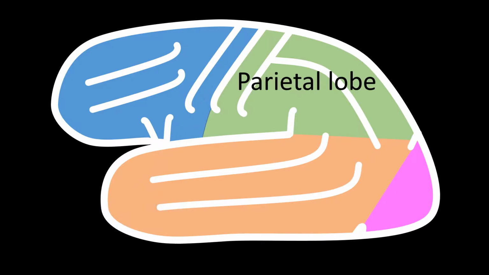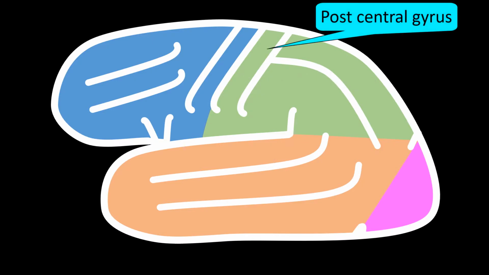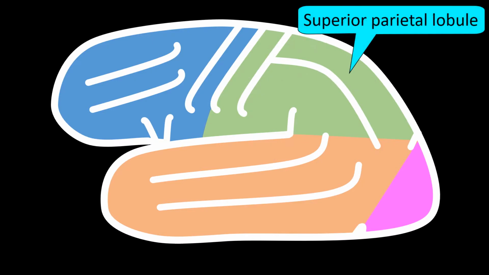In the parietal lobe, we have the postcentral gyrus, the superior parietal lobule. The use of the term lobule to refer to this area and other areas is primarily based on tradition.